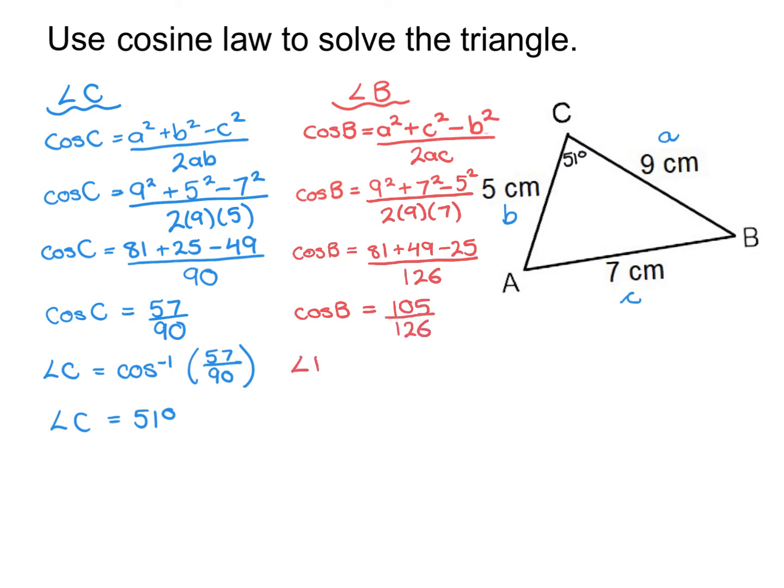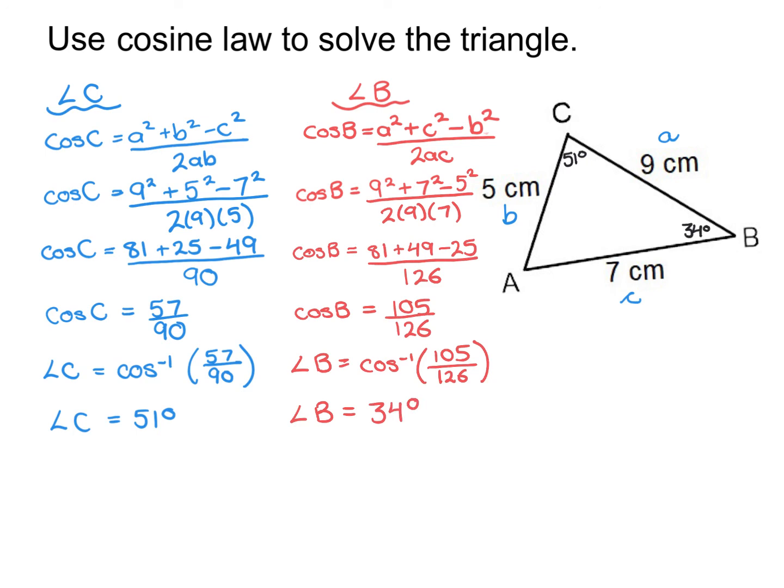Now to find angle B, you are going to write cos inverse of brackets 105 divided by 126. And when you calculate this on your calculator, your angle B comes to around 34 degrees. So let's write that in the triangle.